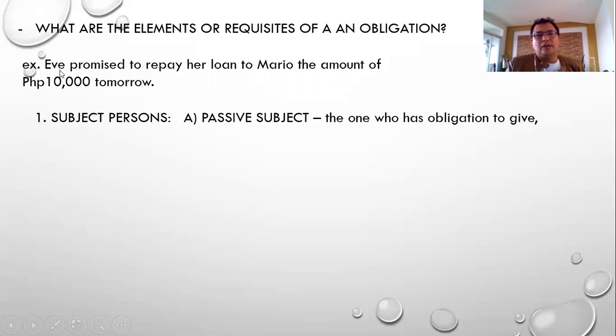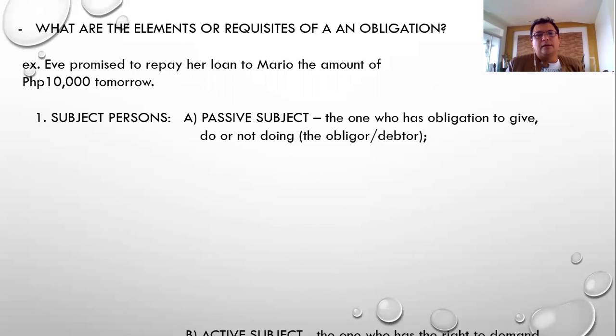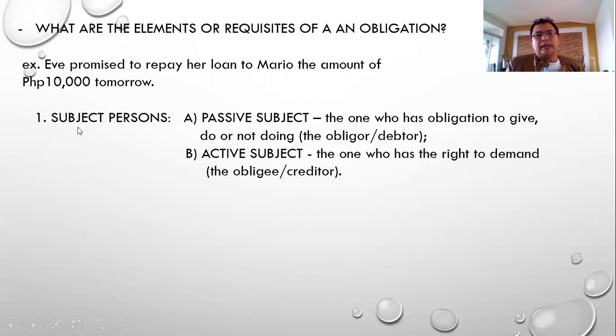Eve is the passive subject. And the second subject person is the active subject. Active subject is the same as obligee or creditor. And in this case, it's Mario, because Mario is the one who has the right to demand from the debtor.